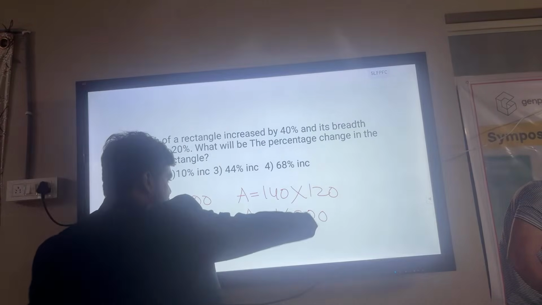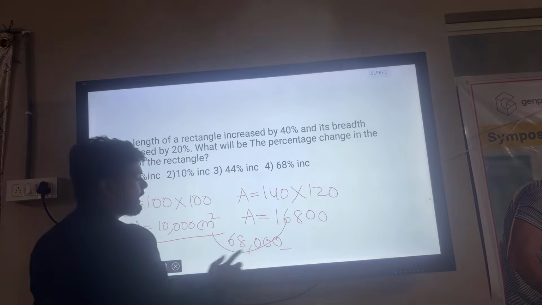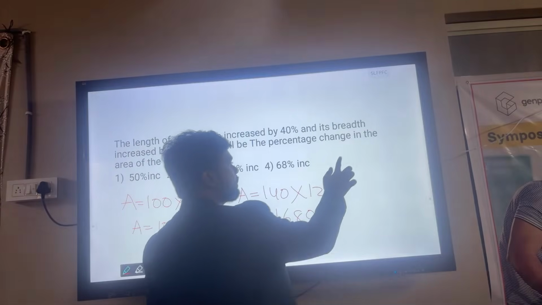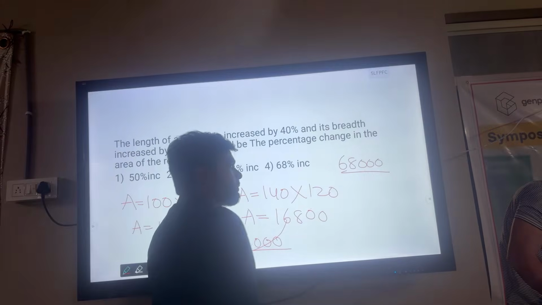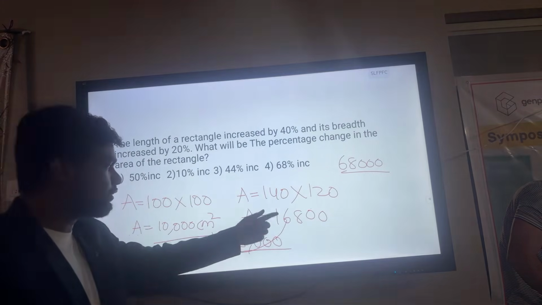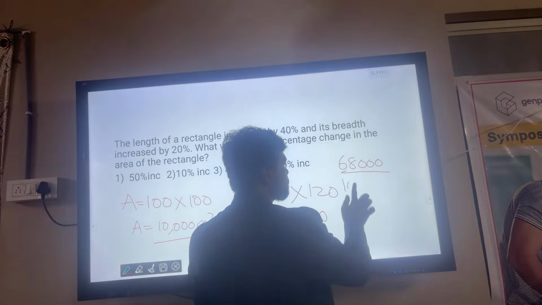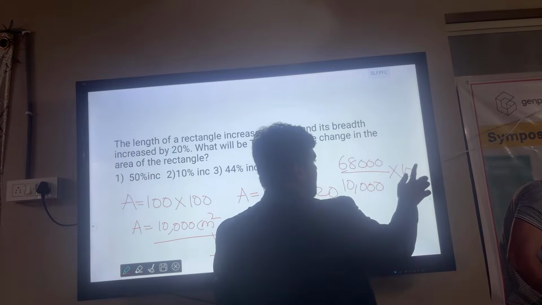What is the change? 6,800 centimeters square. So you have to identify the percentage change for 6,800 centimeters square. Area is changed from 10,000 to 16,800. Base value 10,000. Substitute the same 10,000 here, into percentage, nothing but 100.